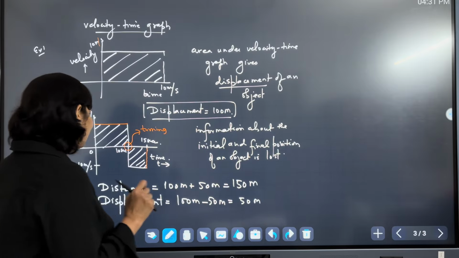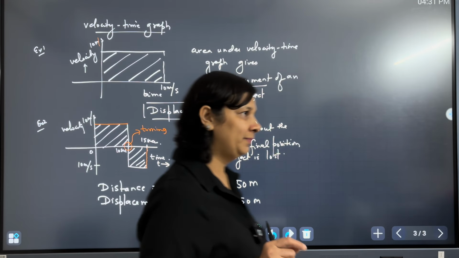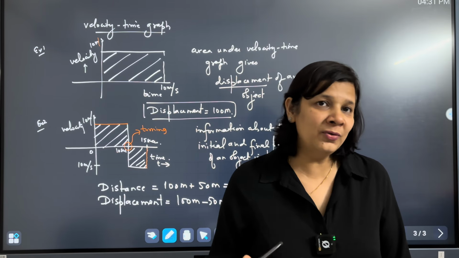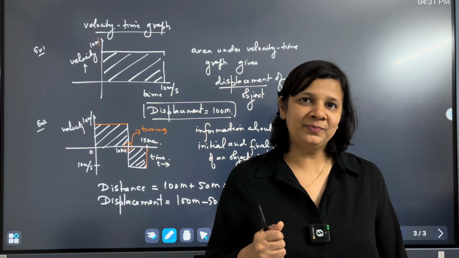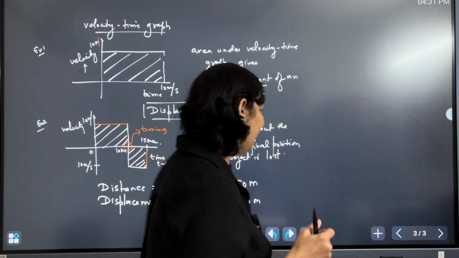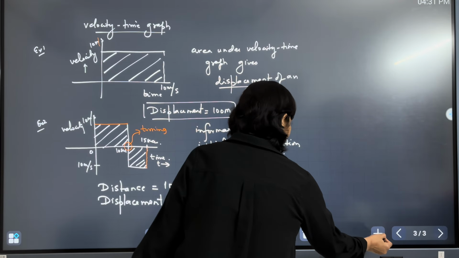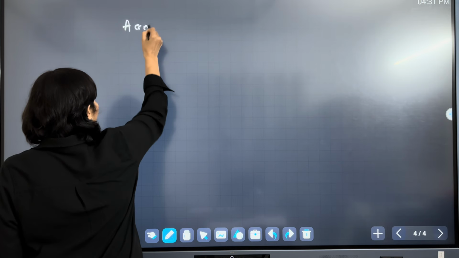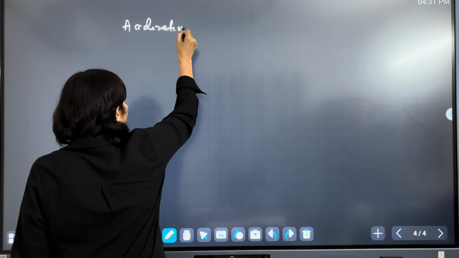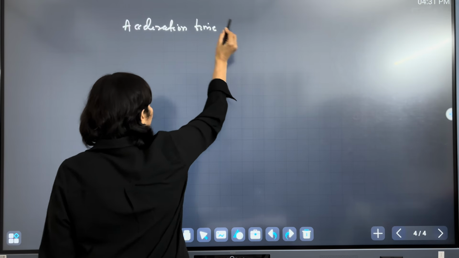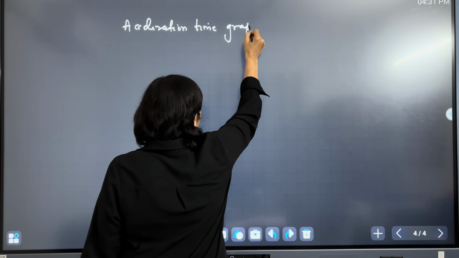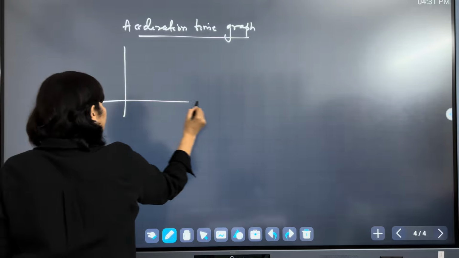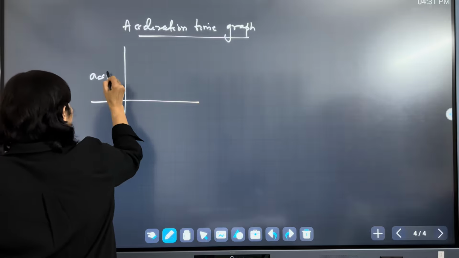Now, if instead of velocity time graph, we have acceleration time graph, then what do you get from the area under the curve? Think. So now, from the acceleration time graph, this is acceleration of an object.